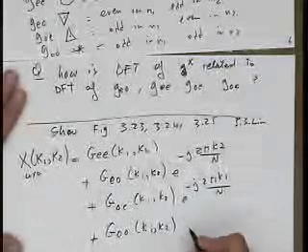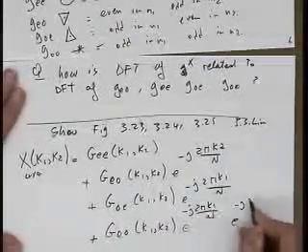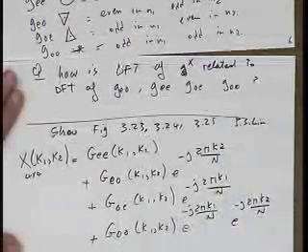Now I have 2 twiddle factors, e to the minus j 2 pi K1 over n, e to the minus j 2 pi K2 over n. Okay?